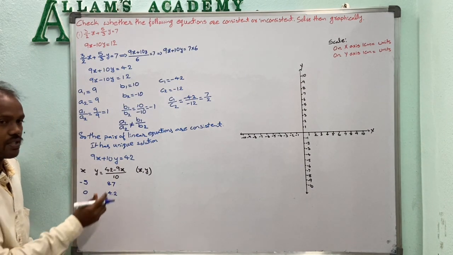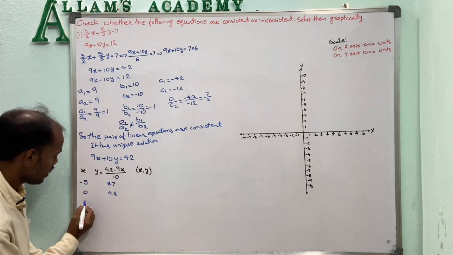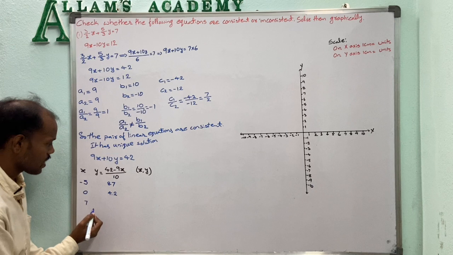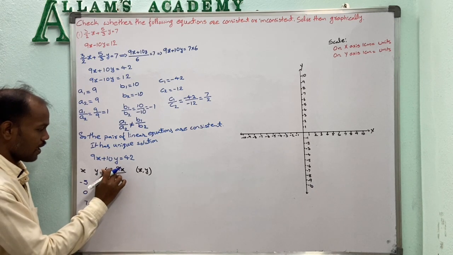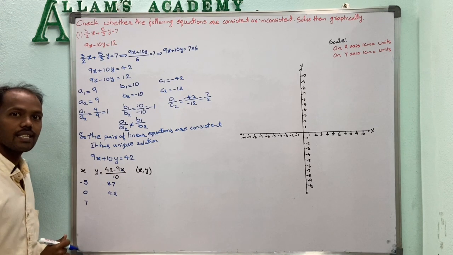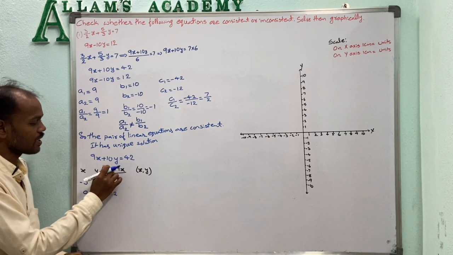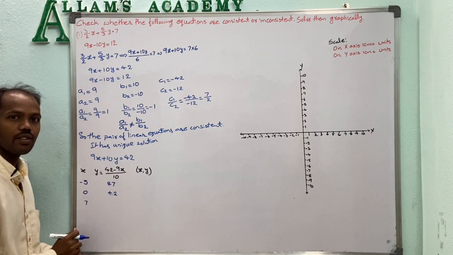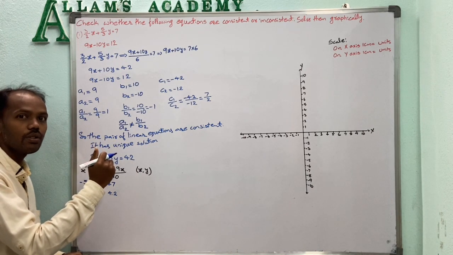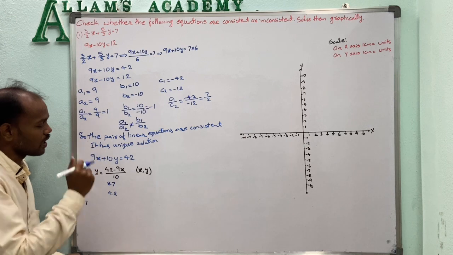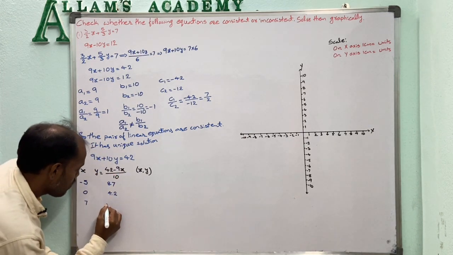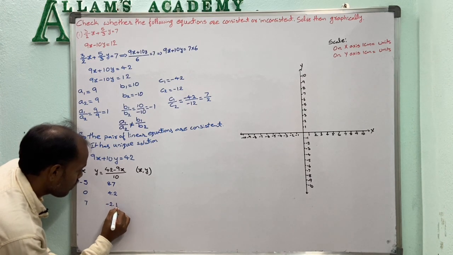Next, if we substitute a positive number, that is 7, 42 minus 9 into 7, 9 sevens are 63, so 42 minus 63 equals minus 21, so minus 21 by 10 equals minus 2.1.